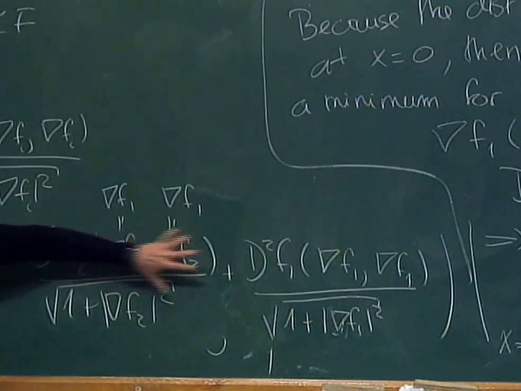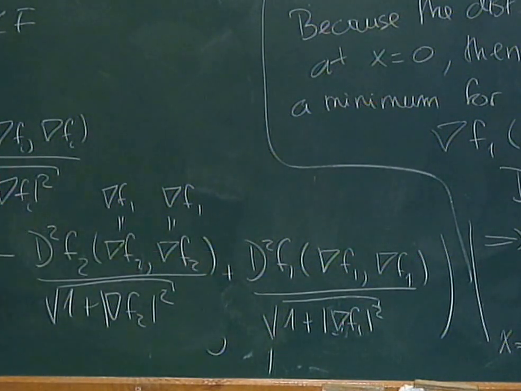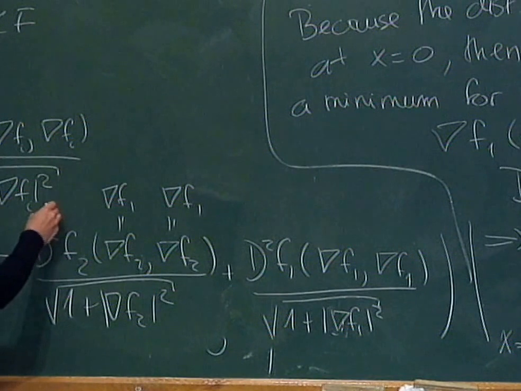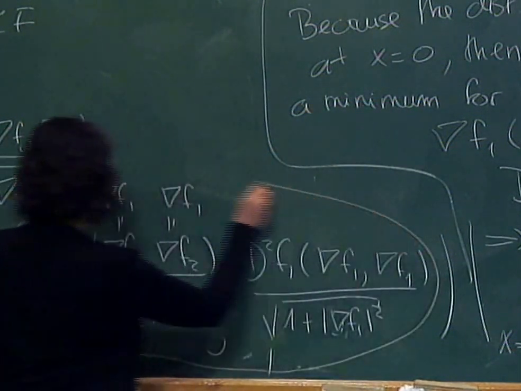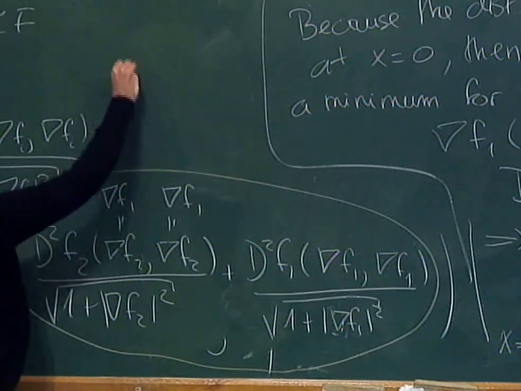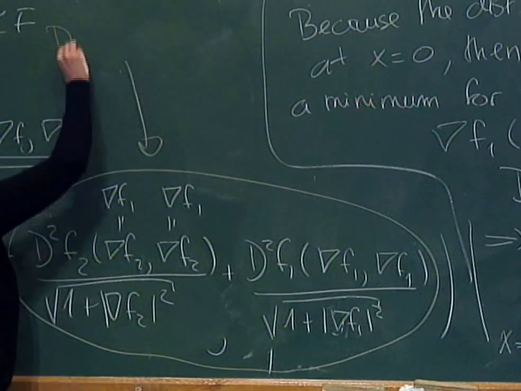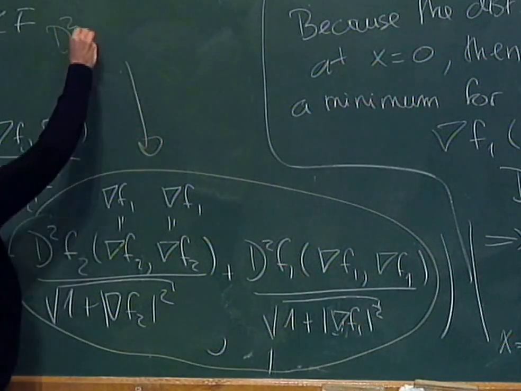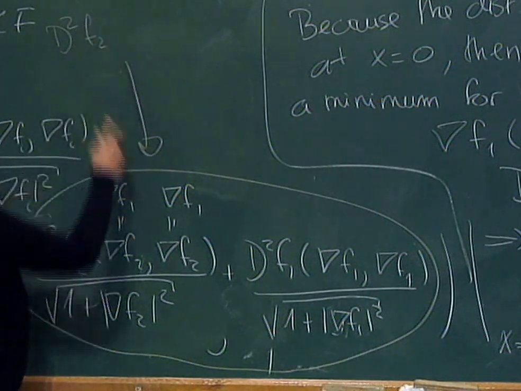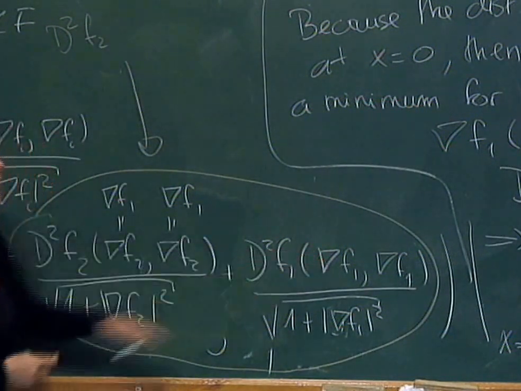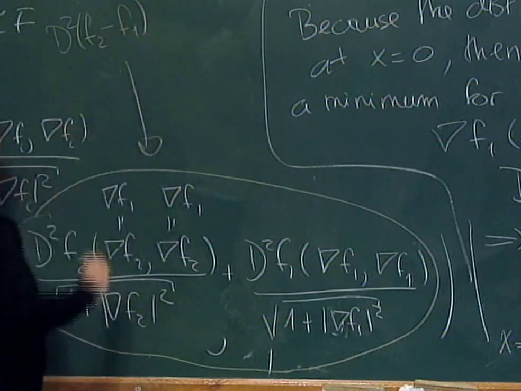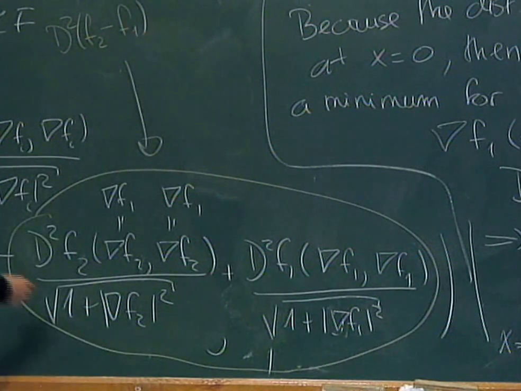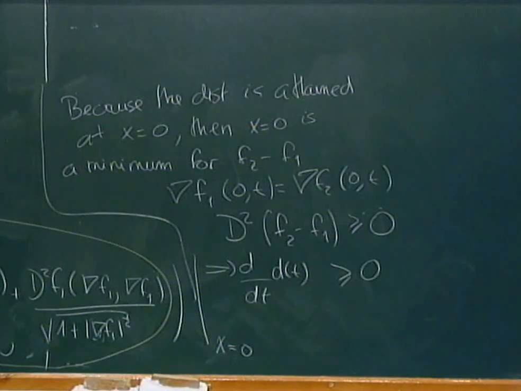This term here, maybe you want to rewrite it a little bit to see that. If you rewrite it, what you see is that this is d2 of f2, remember that all these things are the same, minus f1, divided by this gradient that is exactly the same.